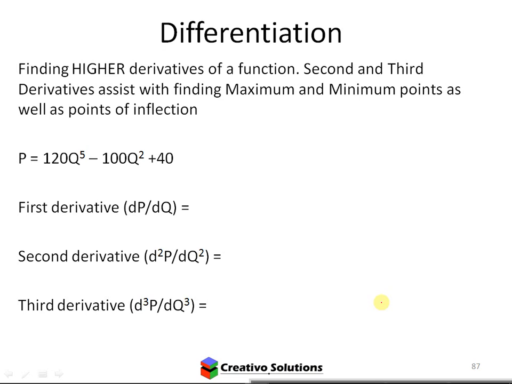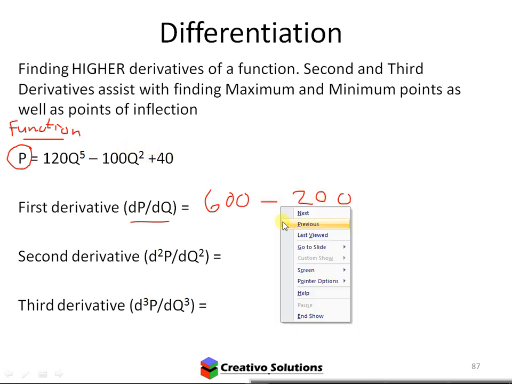derivatives of derivatives. Okay, so that's the function. If I find the first derivative, it's going to be 5 times 120, which is 600. Minus 2 times 100 is 200. Oh, I forgot the q squared there.